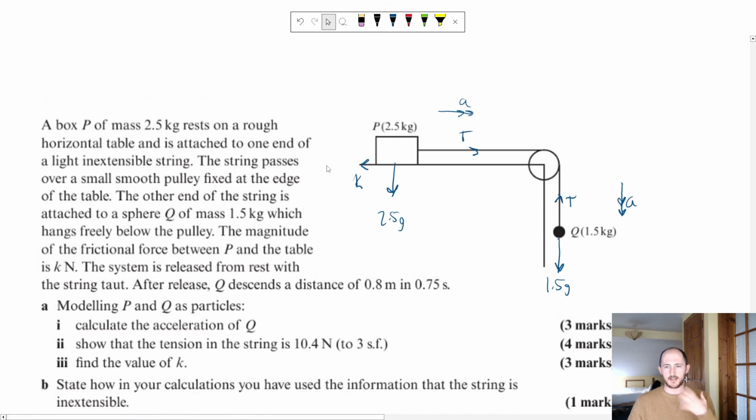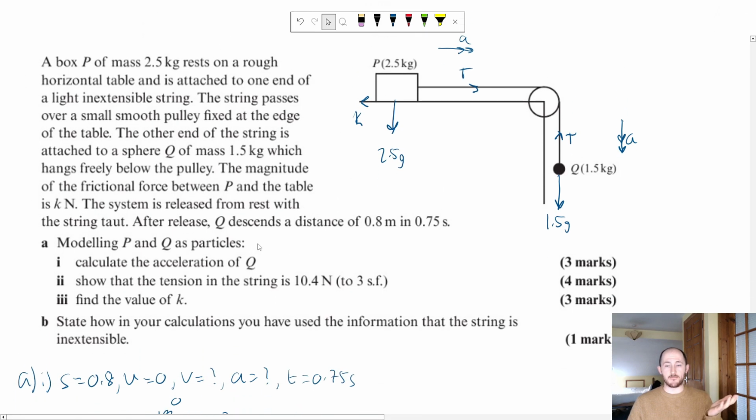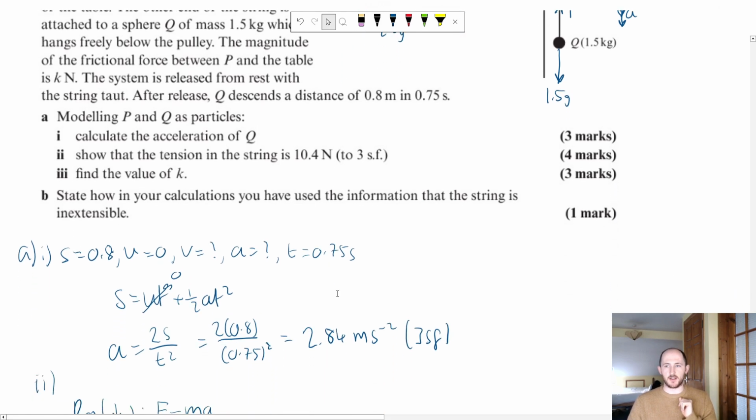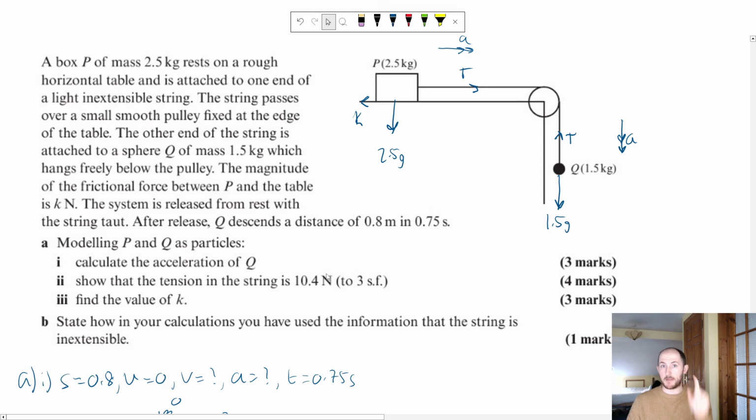It looks like they haven't mentioned it, but they mention it at the beginning of the paper. The annoying thing is in some papers, some years, they say 9.81, or in some questions they say use 9.8. So in this question, obviously they meant for us to use 9.8. That's why I got a slightly different answer. But I promise you, in the paper, they will tell you to use g equal to something. 9.8, 9.81, whatever it is.